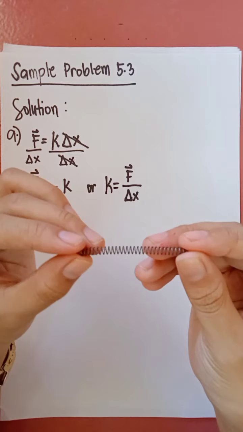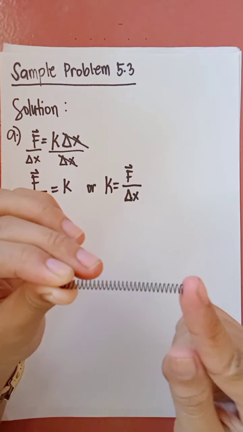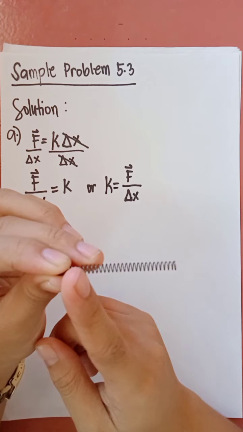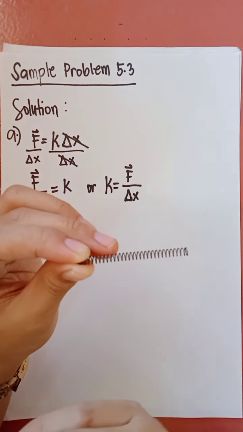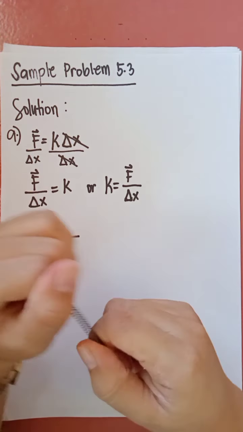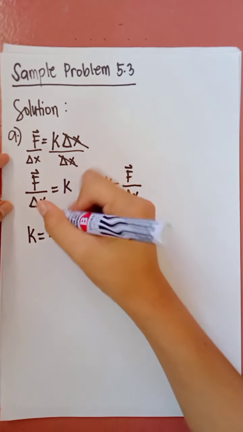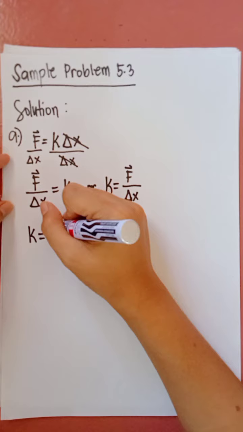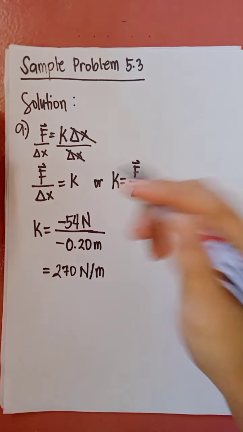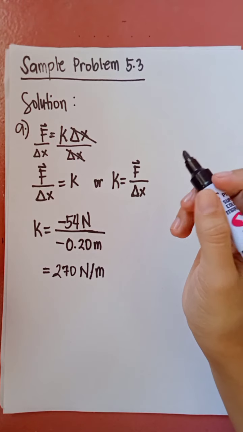Now, if you compress that, you apply a force pushing toward it. That means the force applied is in the negative direction, or the opposite direction. That makes F here negative 54. So we get 270 newtons per meter.